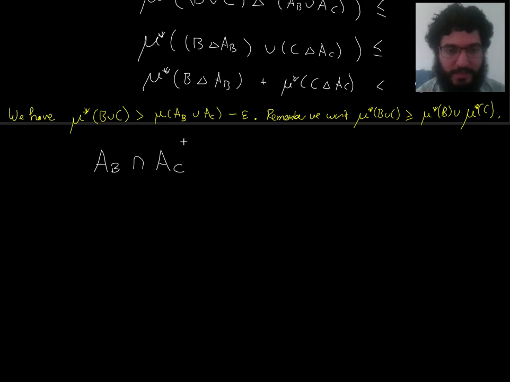Okay, so here's the official set theoretic way of describing how small AB intersect AC is in terms of knowing about these individual symmetric differences. Actually, let me write them in this order since I've been doing that for some reason.